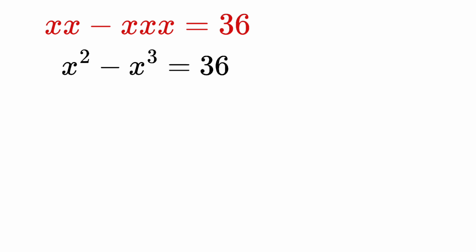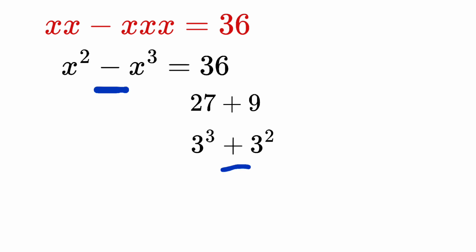Here 36 we can write as 27 plus 9. 27 we can write as 3 cube and 9 we can write as 3 square. Here we need a minus because in the question we're having minus. If you think a little bit, you can rewrite this as minus of minus 3 whole cube, and 3 square we can write as minus 3 whole square.